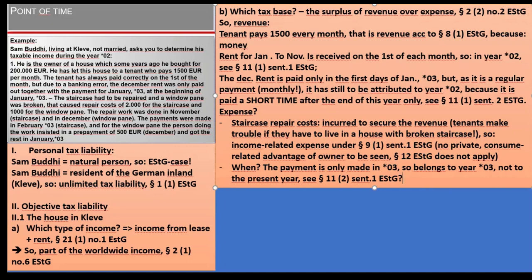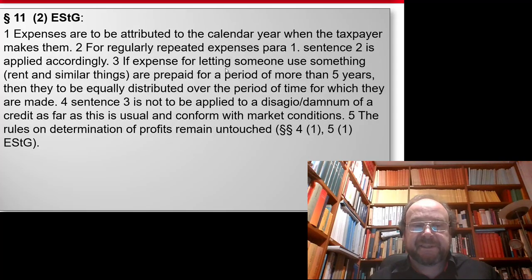And you know, tragically, let's look it up. Yeah, so 11.2. Expenses are to be attributed to the calendar year when the taxpayer makes them.